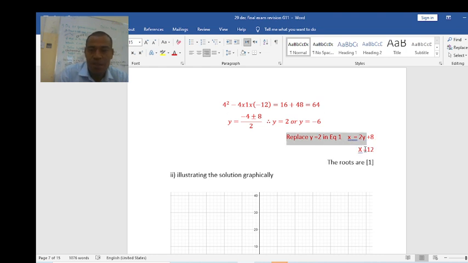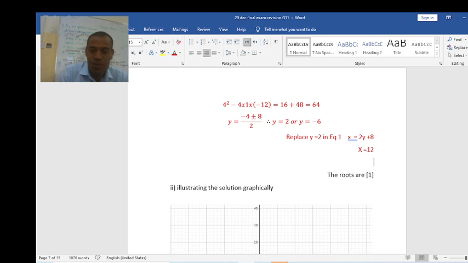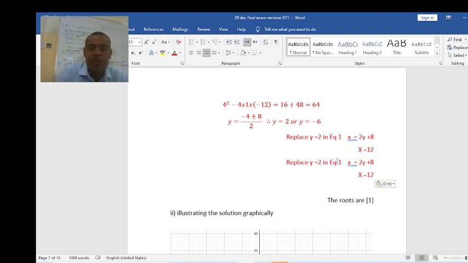The same for this: replace y equals what? Equals negative 6 in equation 1. So 2 times negative 6 is negative 12, plus 8 is negative 4.